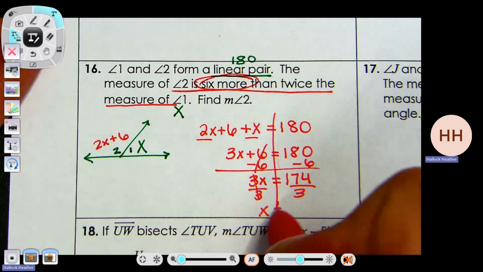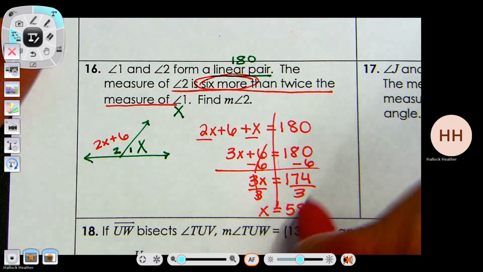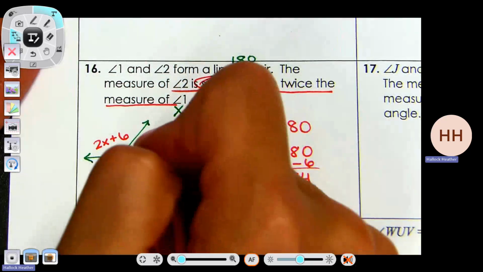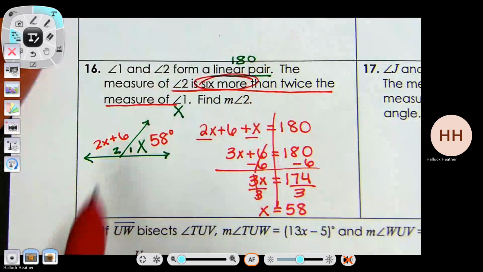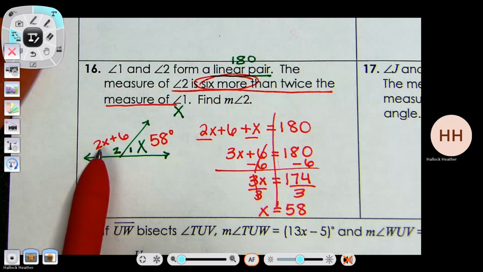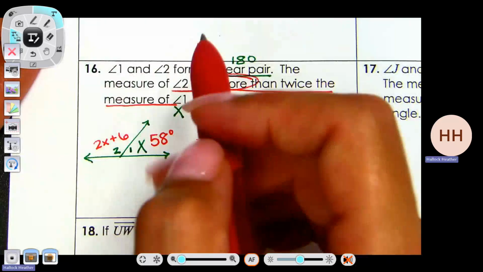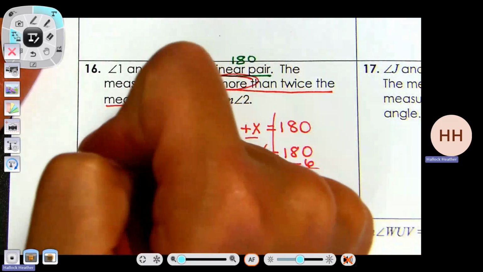So x is how much? 58. It says find the measure of angle 2. So angle 1 is technically 58 degrees. How much is angle 2? 2 times 58 plus 6. 122.